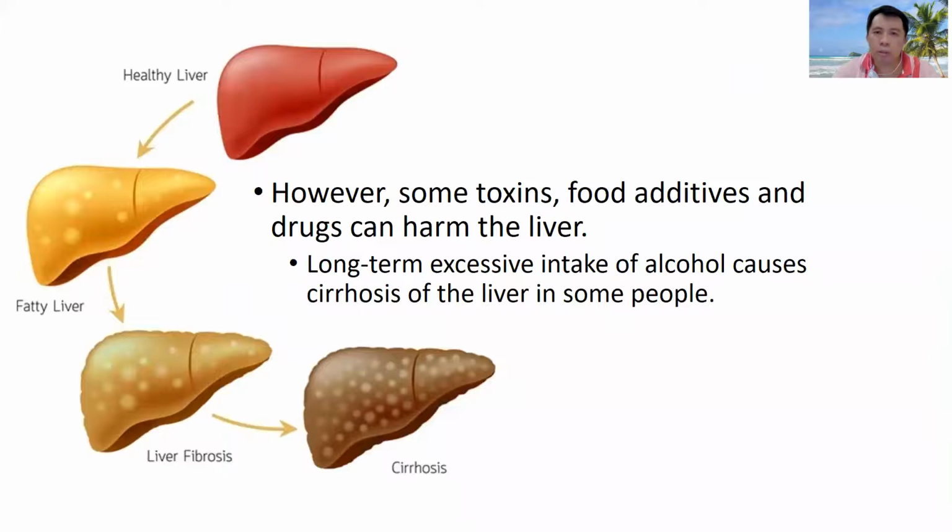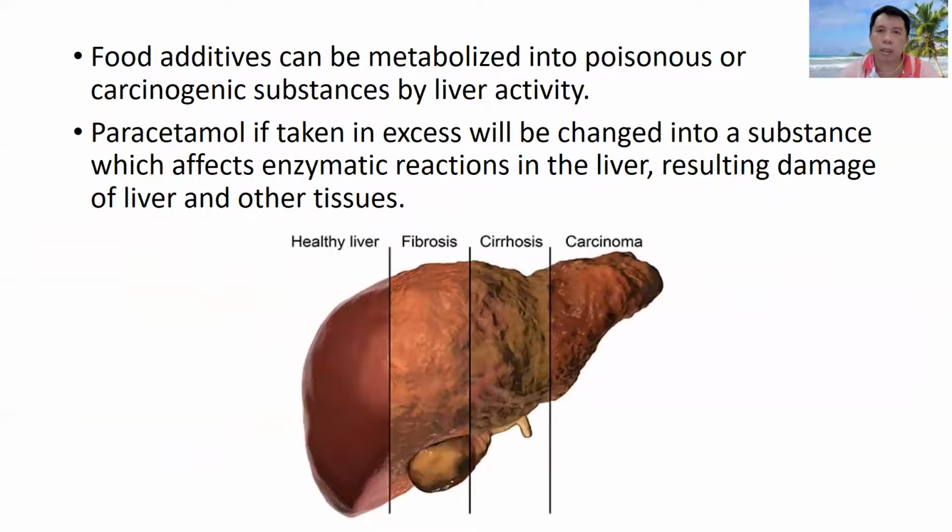However, some toxins, food additives, and drugs can harm the liver, so the liver cannot completely detoxify these substances. For example, long-term excessive intake of alcohol causes cirrhosis of the liver, which is the hardening of the liver in some people, and can also cause liver cancer.